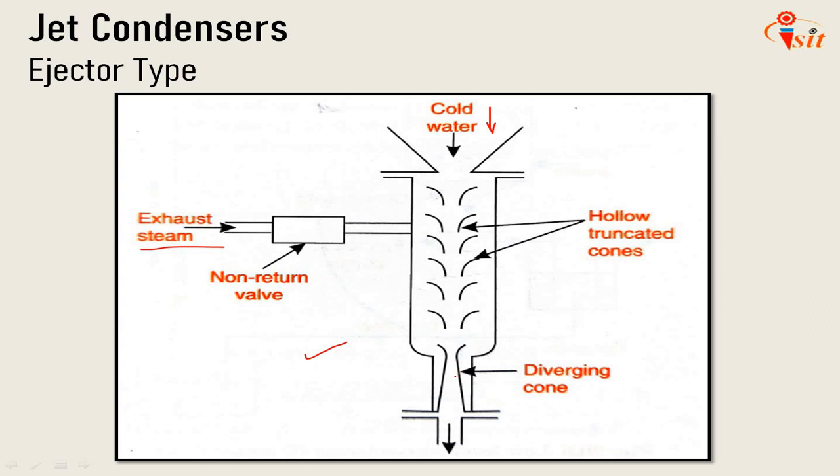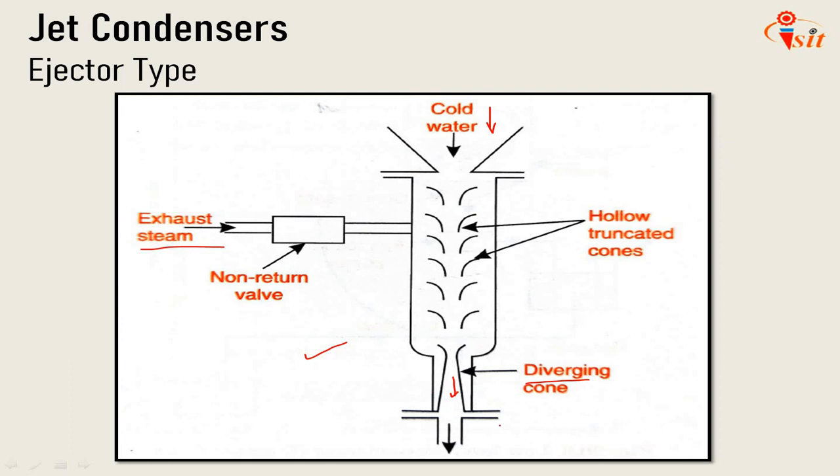Due to this decreased pressure, exhaust steam along with associated air is drawn through the truncated cones and finally led towards the diverging cone. Now in a diverging cone, a portion of kinetic energy gets converted into pressure energy, which is more than the atmospheric, so that condensate consisting of condensed steam, cooling water and air is discharged into the hot well.